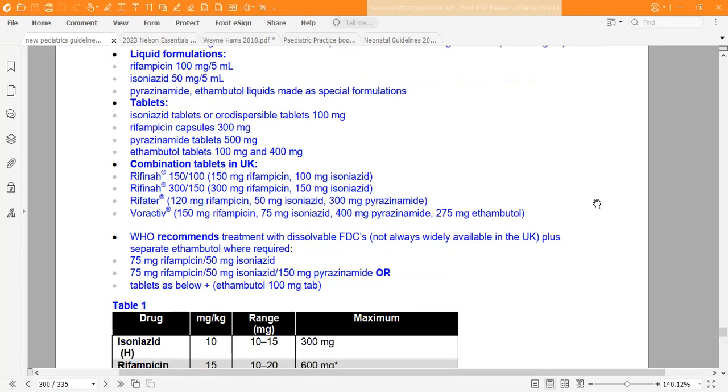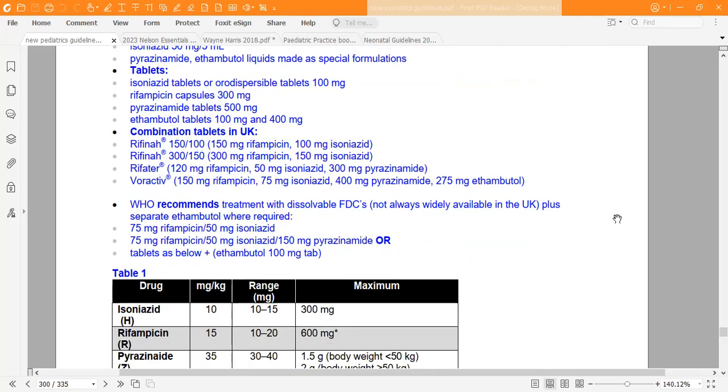Okay, WHO recommends treatment with dissolvable FDC, not always widely available in the UK, plus separate ethambutol where required. It's dissolvable, so you can dissolve it in water or in juice or whatever. But we have to add ethambutol separately. It's not included in this.